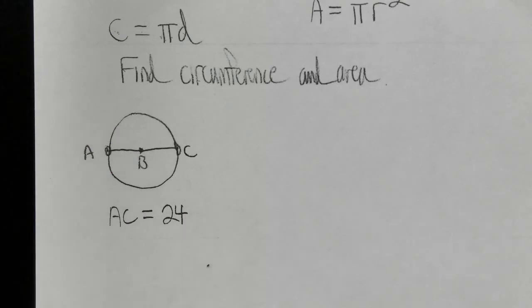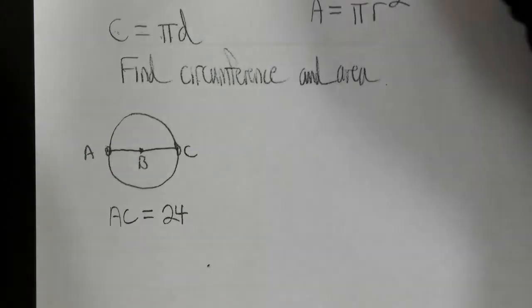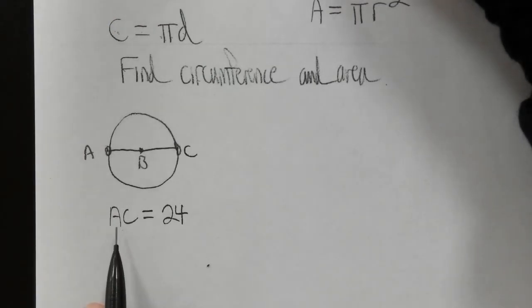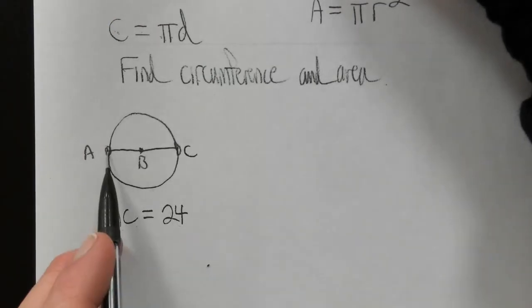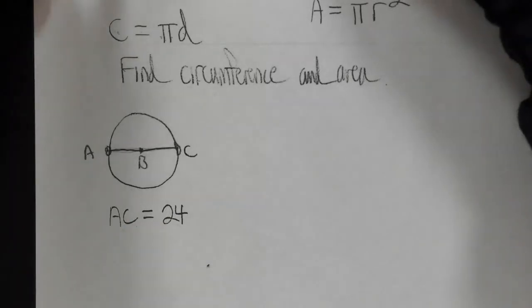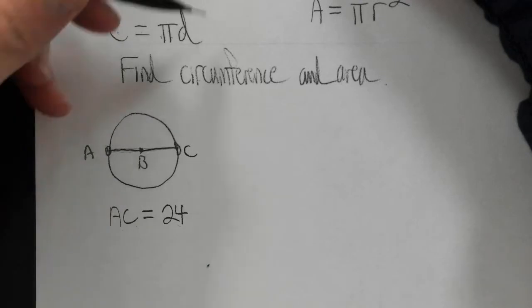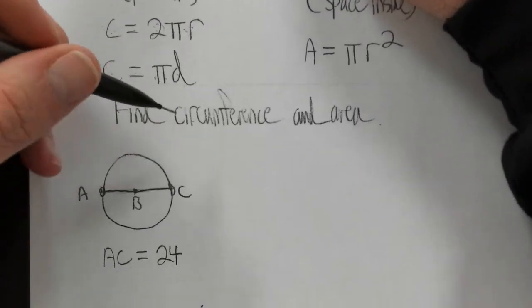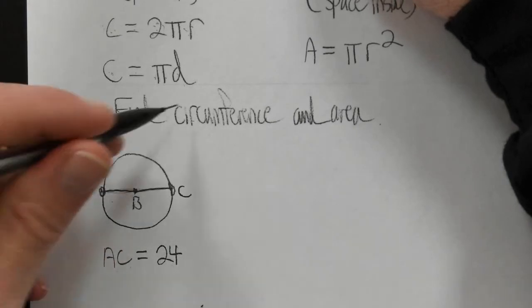When we're asked to find the circumference, I need to look at what they've given me. AC is 24. So AC is all the way across. Which circumference formula am I going to use? Is AC the radius or is AC the diameter? AC all the way across, that's the diameter.